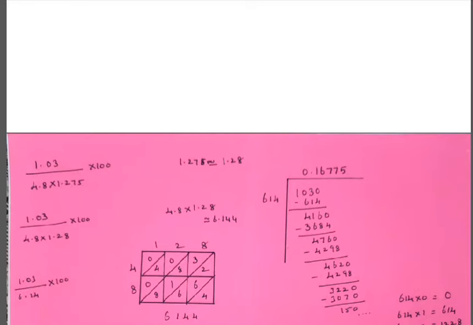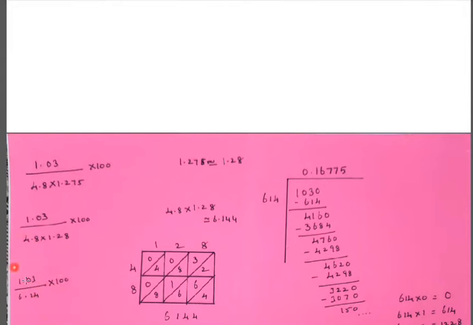So put 4 here and carry over 1, and so on. So you are getting 6 1 4 4. Here you see the decimals, 2 decimals this side and 1 decimal, totally 3 decimals. So keep the point after 3 places. So 6.144 is the multiplication value of 4.8 into 1.28.